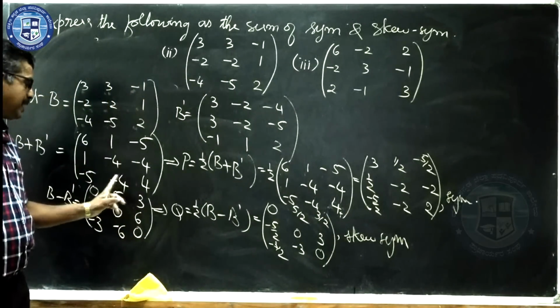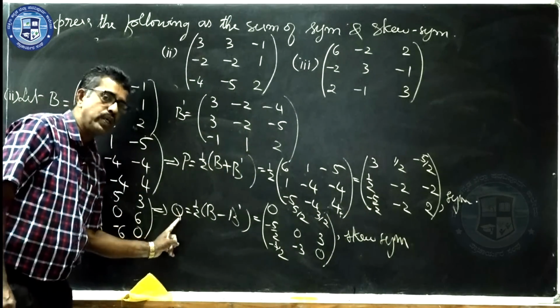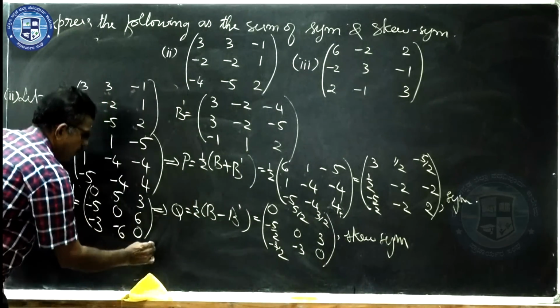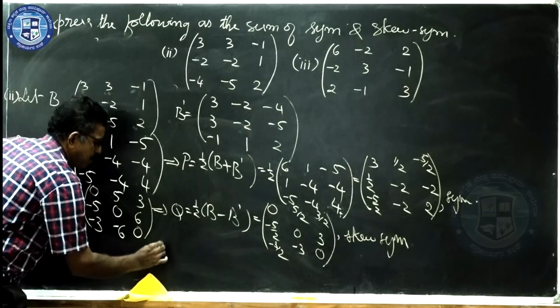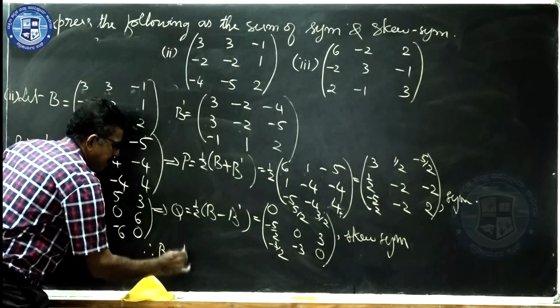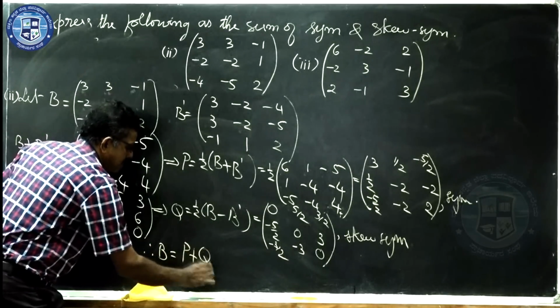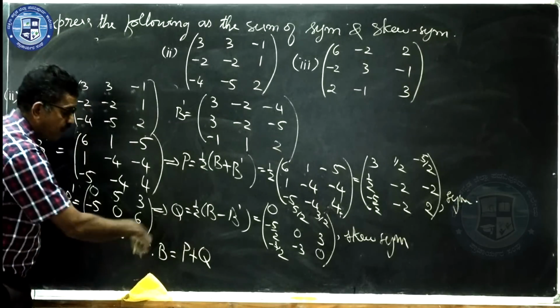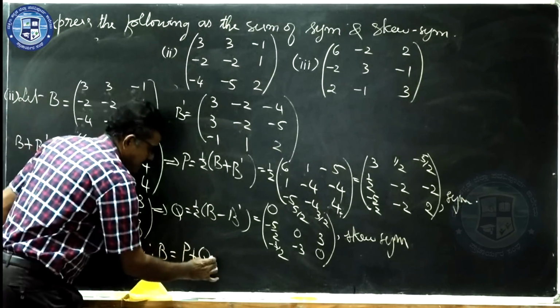You have P is symmetric and Q is skew symmetric. So, therefore, finally, you can write the given matrix B. It can be expressed as P plus Q, or half of B plus B dash plus half of B minus B dash.